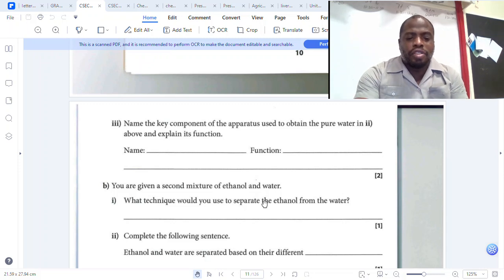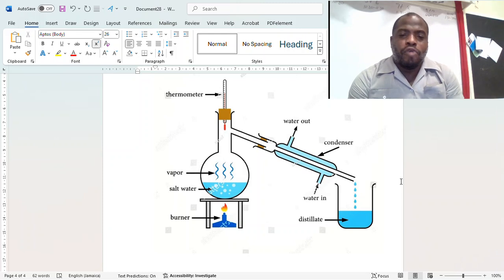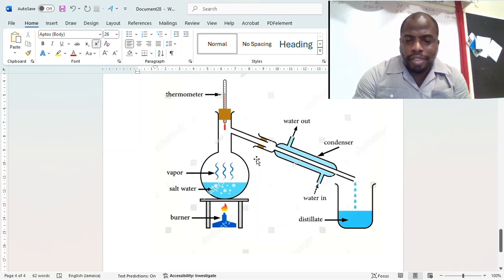I'm going to go back to our document to show you a simple distillation diagram. Alright, this is a setup of the simple distillation.